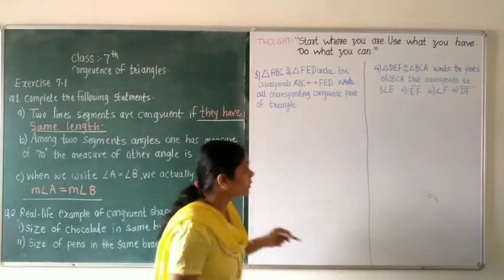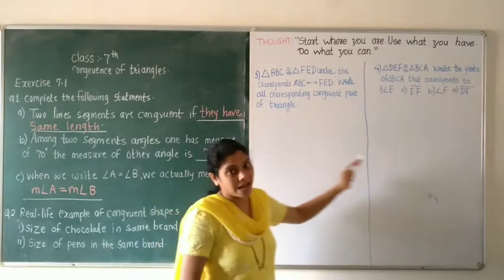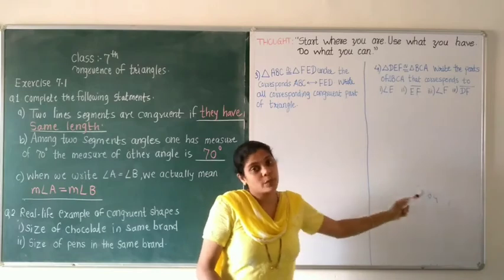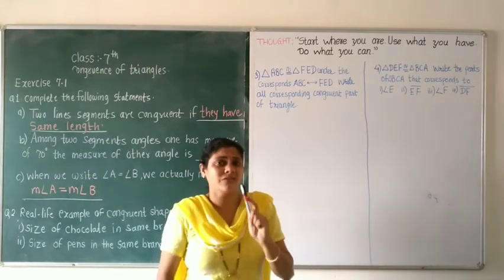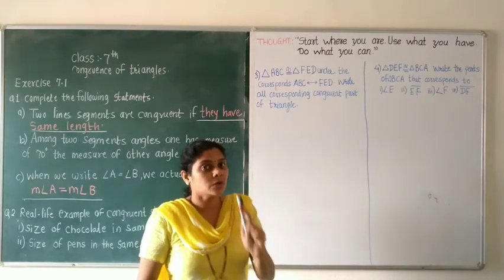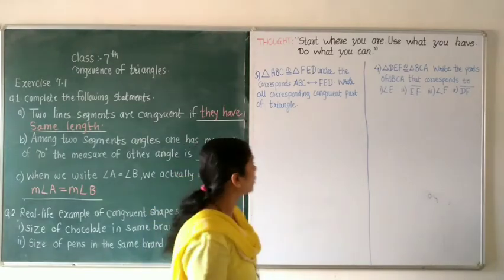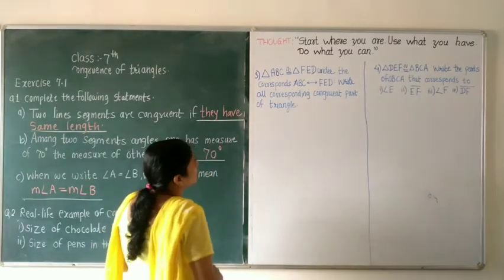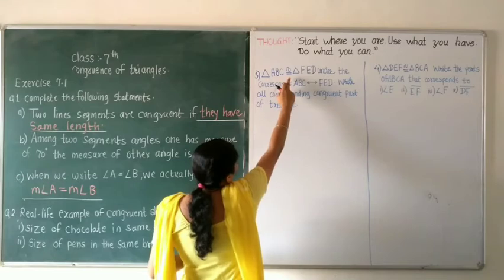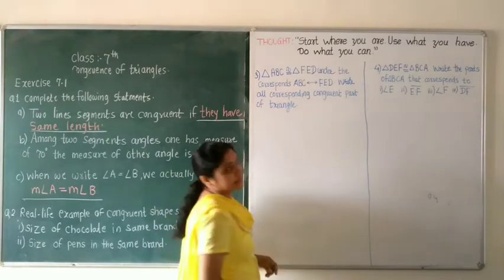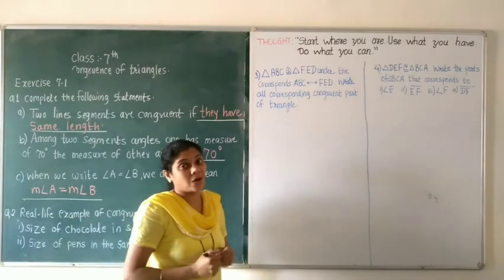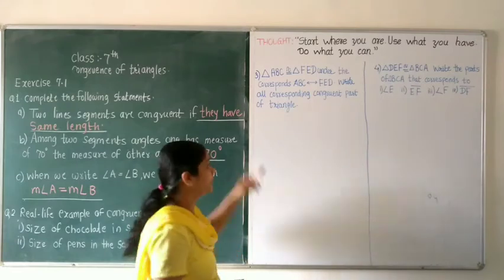Now we will move forward to question number 3 and 4, and both the questions are very, very important. So look here carefully. What is the question? Triangle ABC congruent to triangle FED. Listen carefully how I am going to read this congruency.